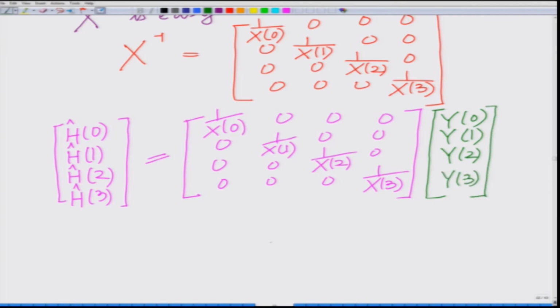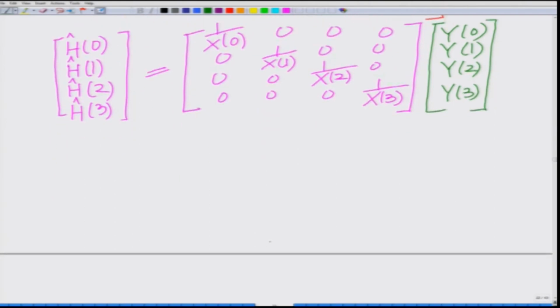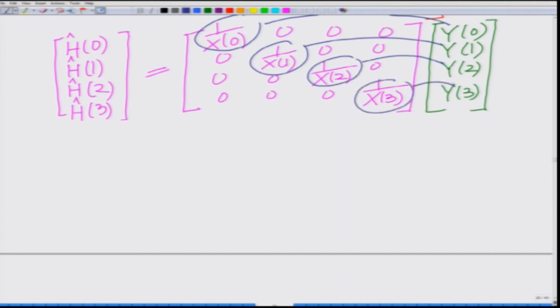Since this is a diagonal matrix, you have 1 over x 0 multiplying y 0, 1 over x 1 multiplying y 1, 1 over x 2 multiplying y 2, and 1 over x 3 multiplying y 3.